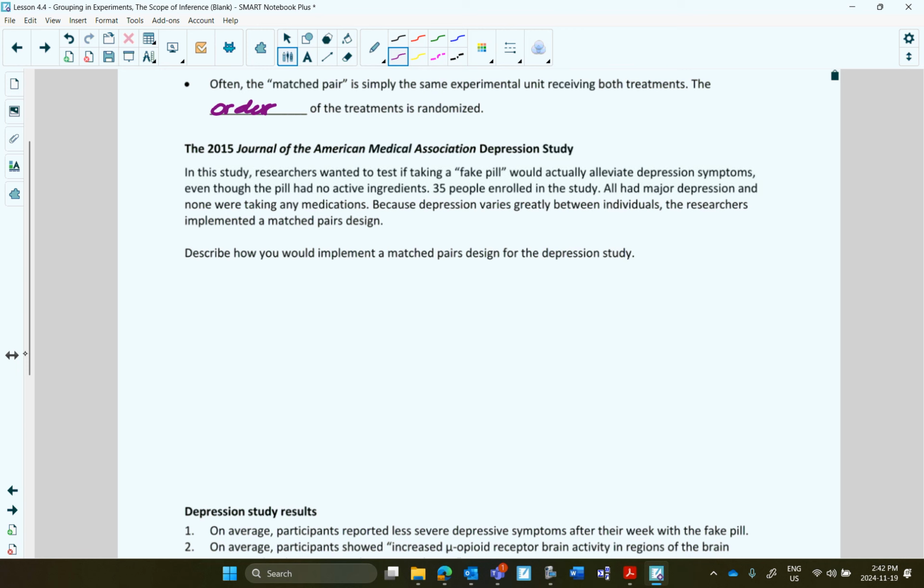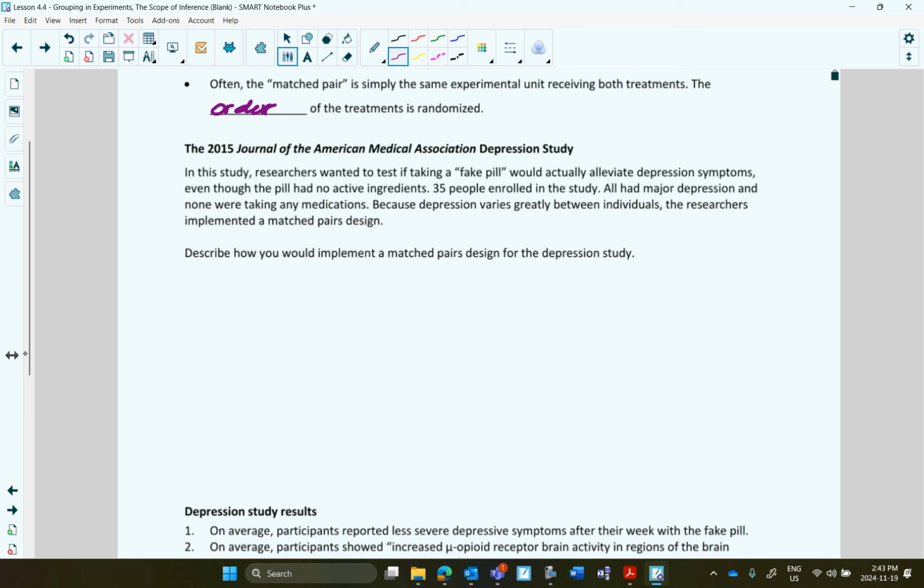Like they couldn't say, I feel better now. Well, I guess if they got information from them that allowed them to make that determination. All had major depression, none were taking any medication, so it's kind of hard to tell. How was this diagnosed? Was there an interview, or just some questions where a depression scale was made out of that?